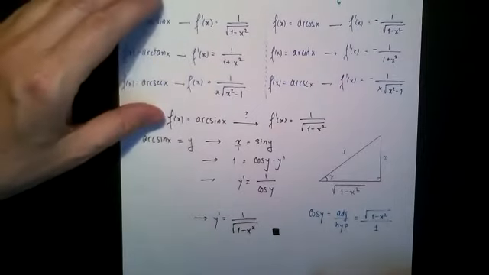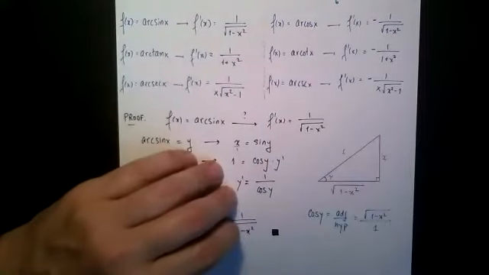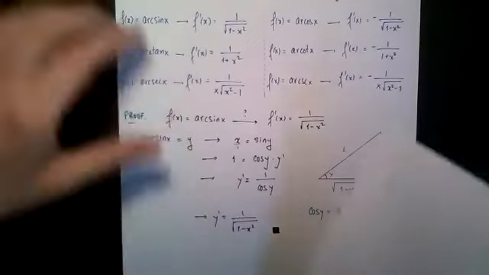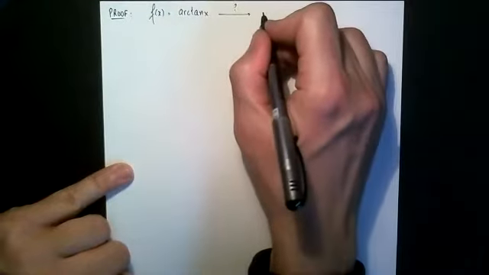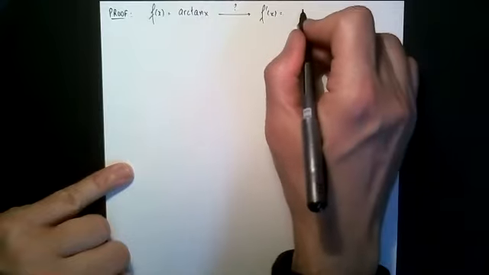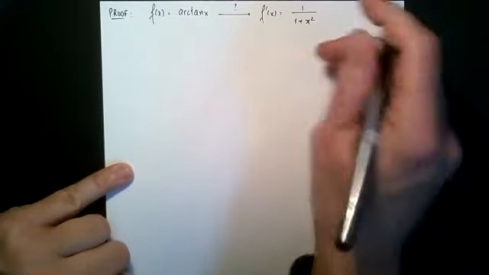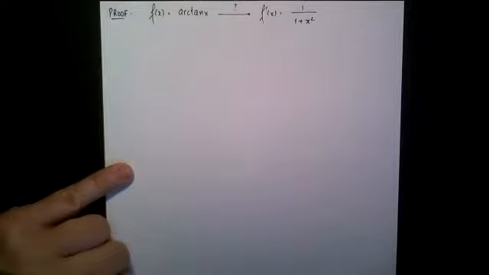Let's prove that if f of x is equal to the arctan of x, then f prime is 1 over 1 plus x squared. Okay, so this is what I want to prove.